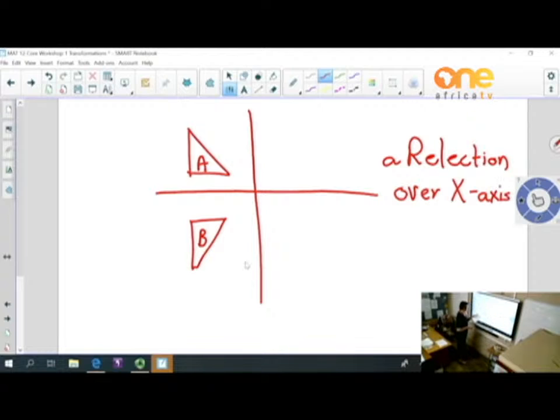Then the next one: draw the rotation of A about the point 0, 0, 90 degrees clockwise, and label it C. So now I have to rotate this one to be here, about that point. What we do is join one point and the center. Then it is a good thing to trace it.